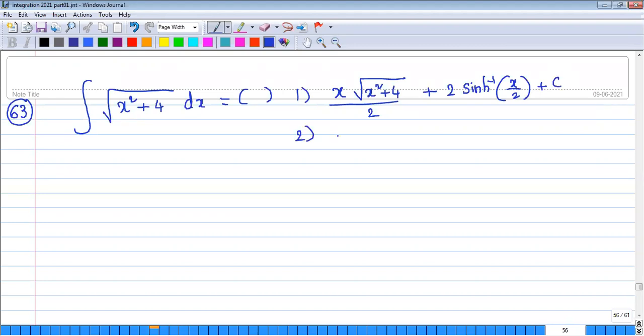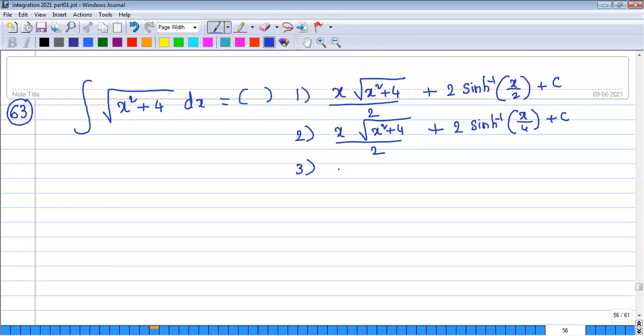Second, x root of x square plus 4 upon 2 plus 2 sinh inverse x upon 4 plus c.